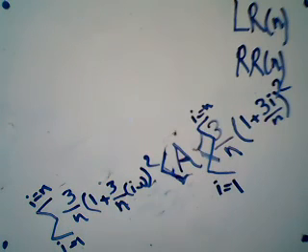You know, here this is equal to this for i equals 1, plus again this for i equals 2, plus this for i equals 3, up to i equals n.